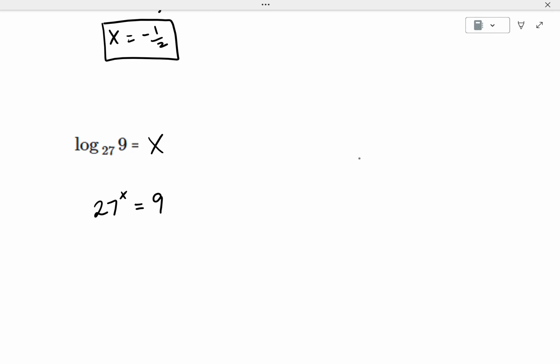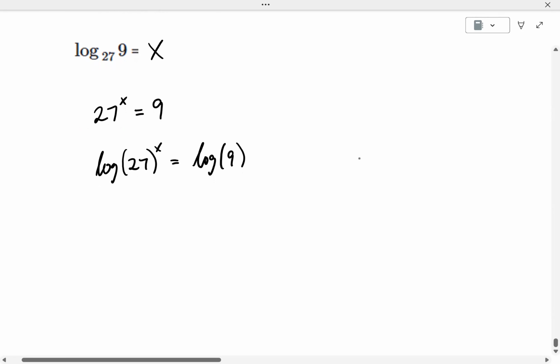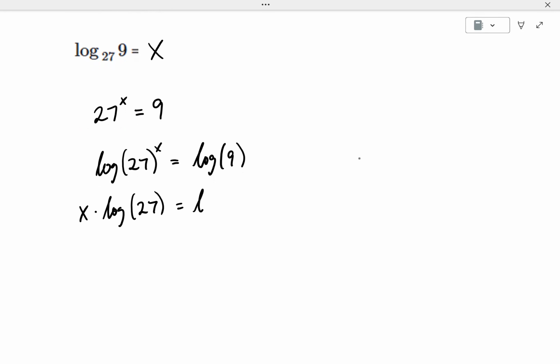Now we can take the log of both sides. So we get log 27 to the x equals log 9. We're going to use the power rule. We get x times log 27, or we read it x log 27 equals log 9.